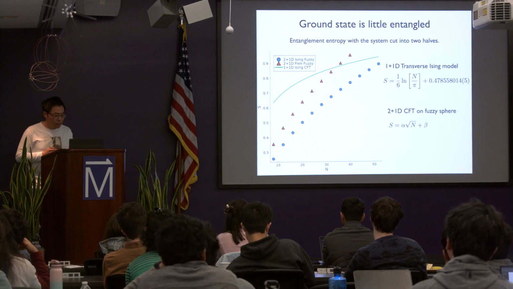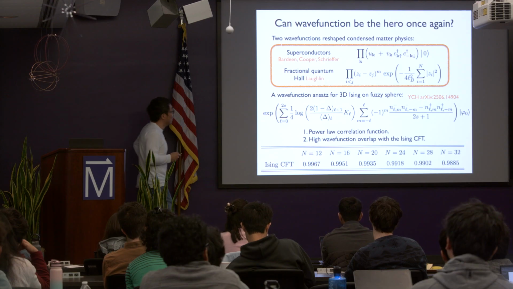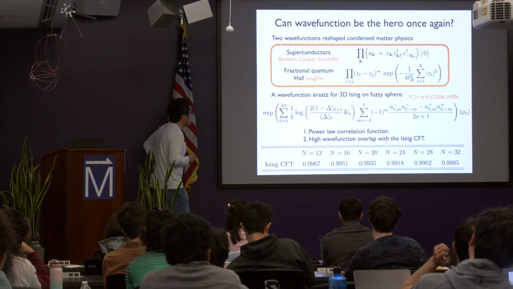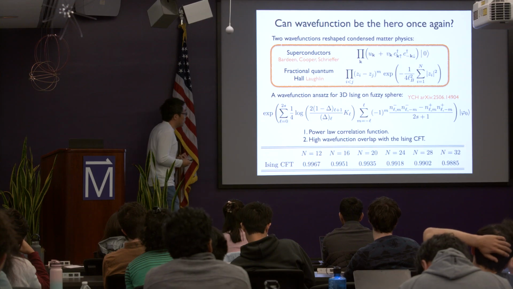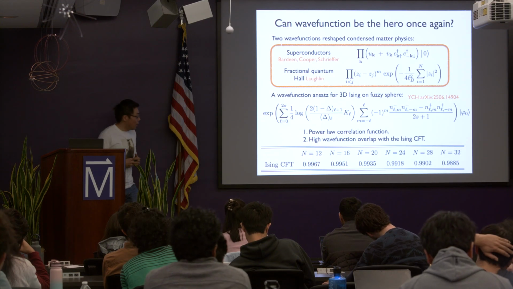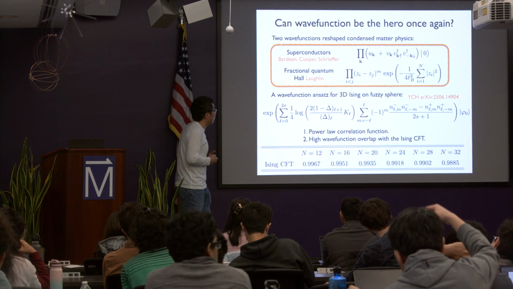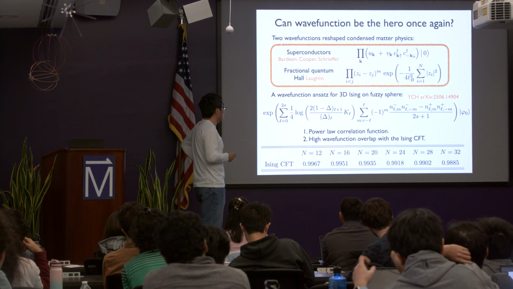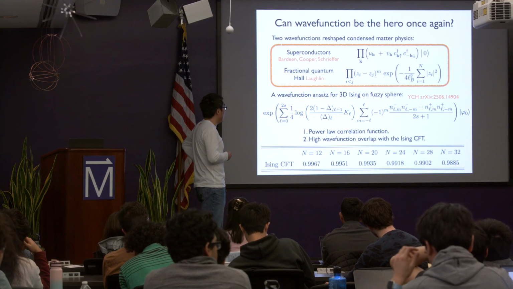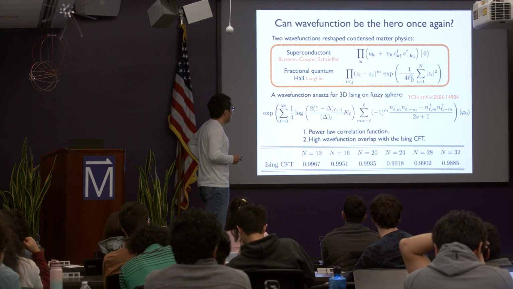I don't think I have time to explain this, but let me just show again what I also showed in the last lecture: one direction towards this goal is that maybe we can try to come up with some wave functions for the CFTs, particularly for the 3D Ising, right? I did my try. I wrote down a simple wave function without any tuning parameter.